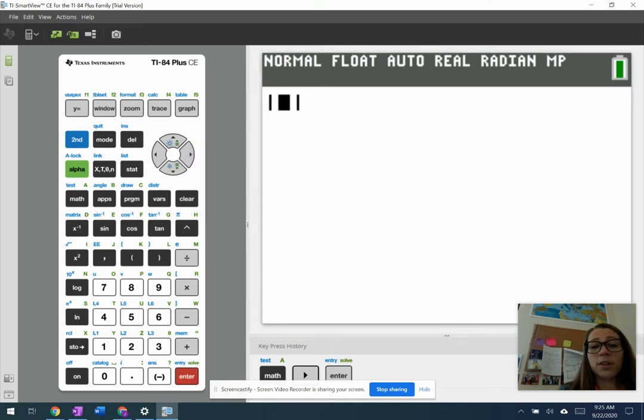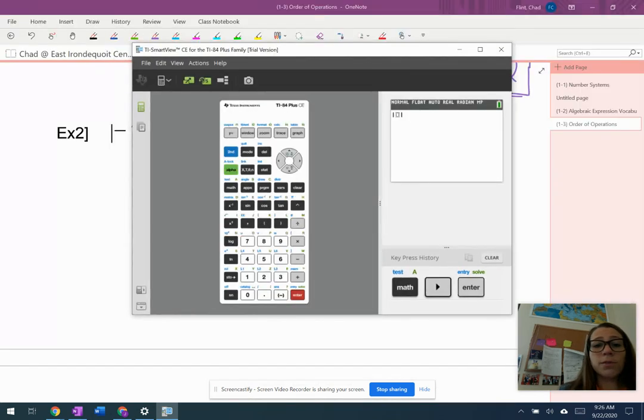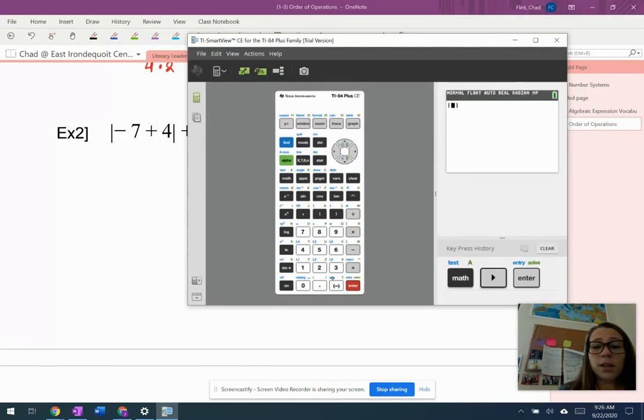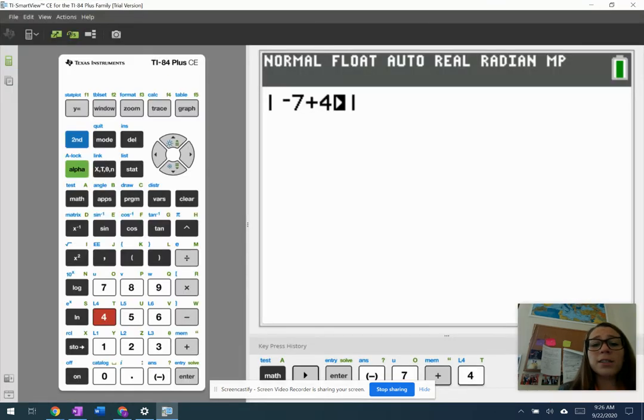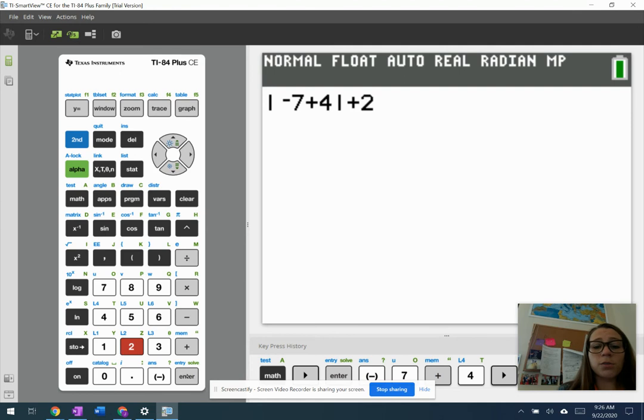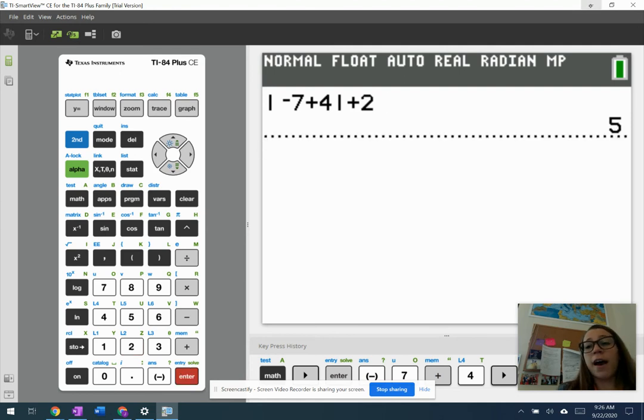Hit enter, and that gives you your absolute value bars. So inside those absolute value bars, I want negative 7 plus 4. Notice how I'm still typing inside the absolute value bars. That positive 2, I need to arrow out first, then do plus 2. Enter, you'll see I get 5.